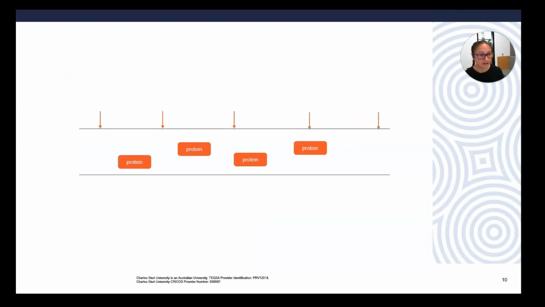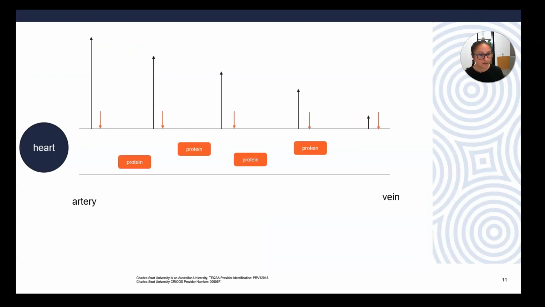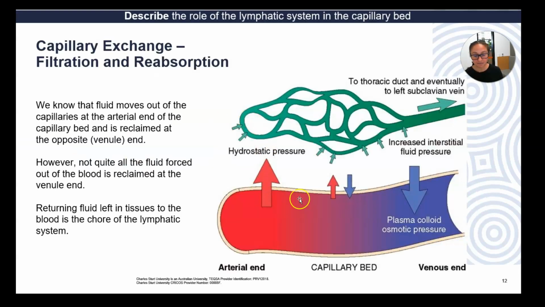Hopefully they help. If we have a look at this picture, it tells you the same thing. At the arterial end, fluid moves out of the capillary into the interstitial space. Somewhere along the middle, it's equal, and then at the venous end, we suck fluid back in.